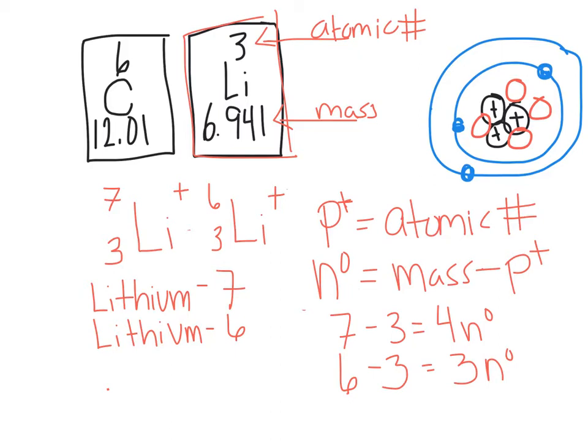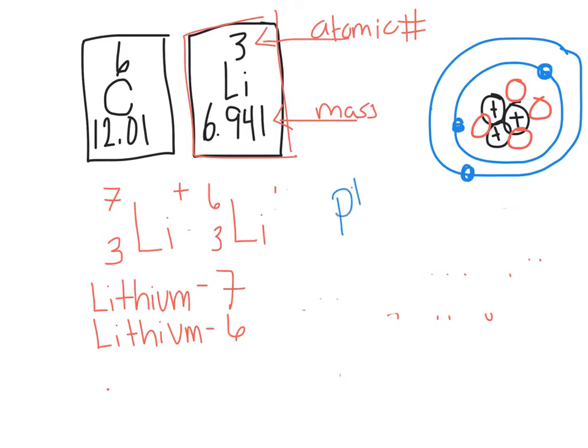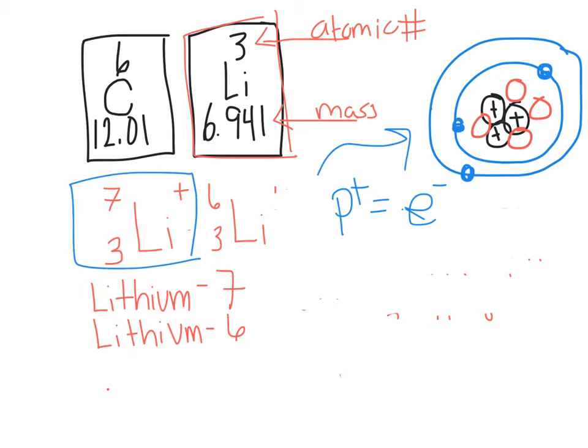Okay? Now, for our purposes mostly, proton number is going to equal electron number unless there's a charge. Now, let's look at this one right here. This is lithium 7, all right, and I've drawn it for you over here to the right-hand side. It has 3 protons, 1, 2, 3, and 4 neutrons, 1, 2, 3, 4.